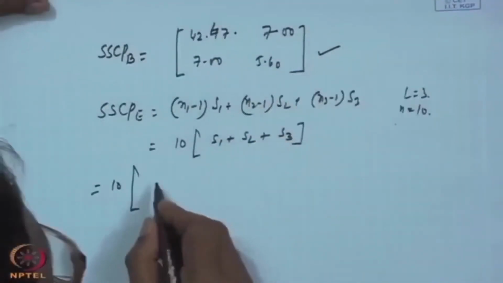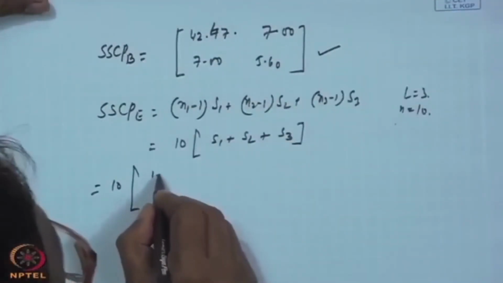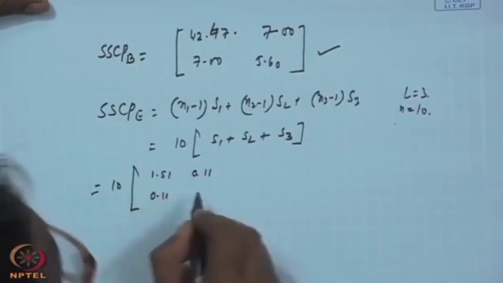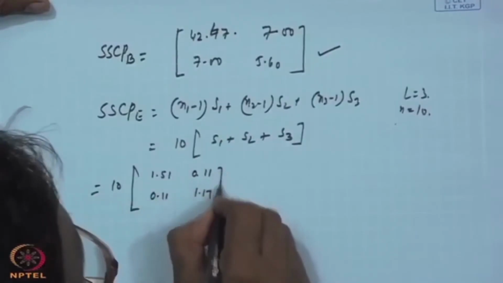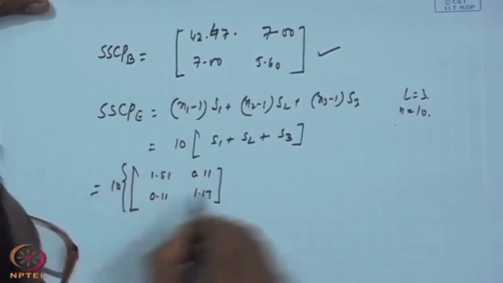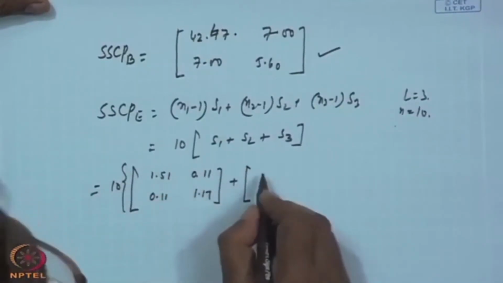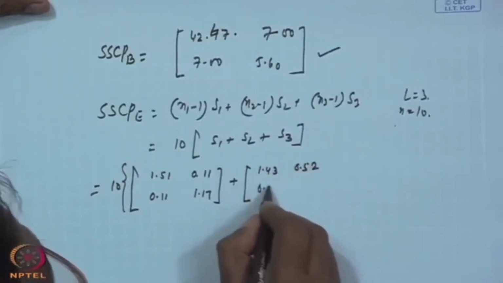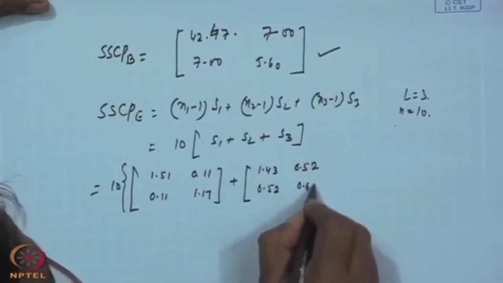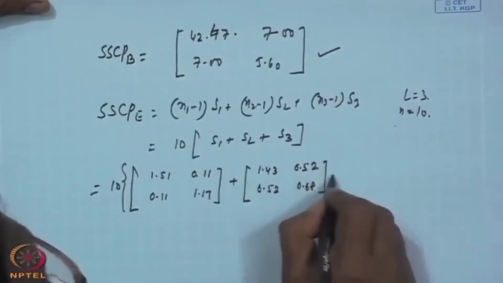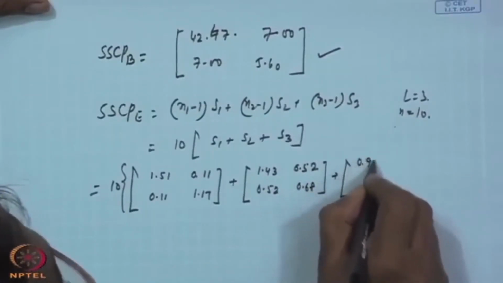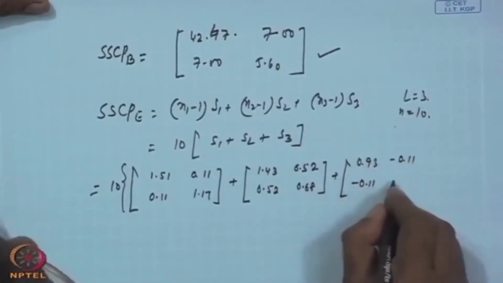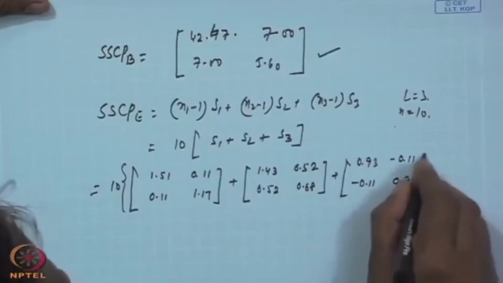So, you write down. S1 is 1.51, 0.11, 0.11, 1.17. So, plus 1.43, 0.52, 0.52, 0.68, plus 0.93, minus 0.11, minus 0.11, 0.72.